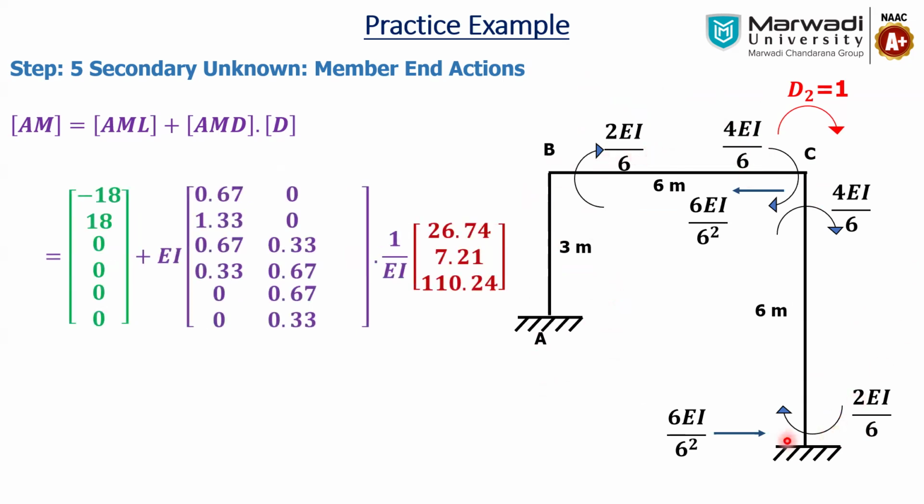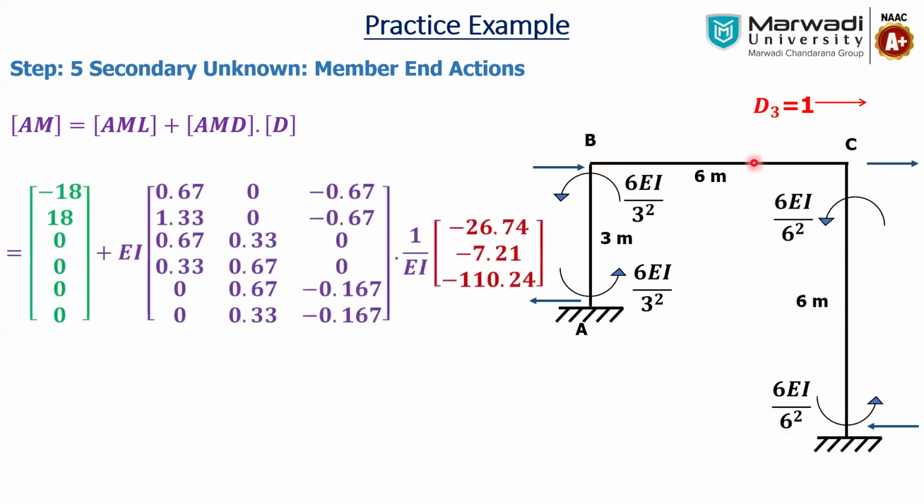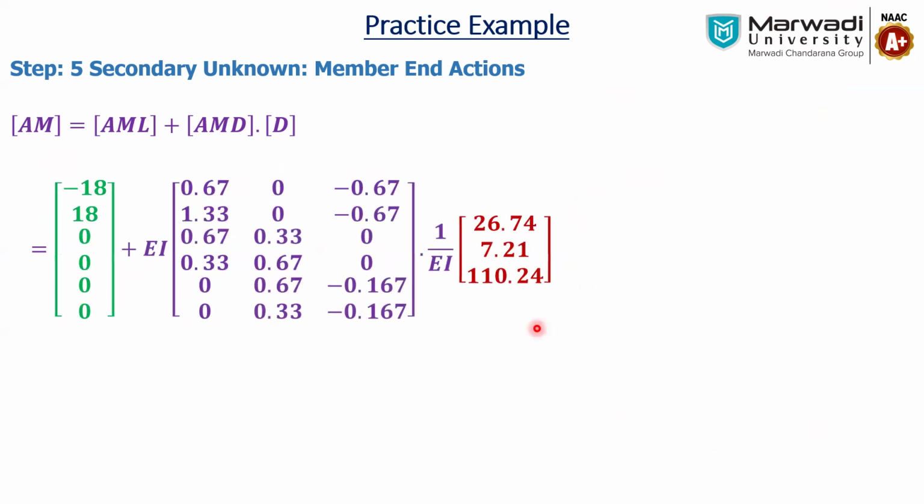Last, D3 equal to 1, horizontal displacement at the column, so all four moments are anti-clockwise, and there is no moment in BC, so we have to consider the minus sign. So this is our AML and AMD, and D is ready. We have to multiply AMD into D and then add AML.